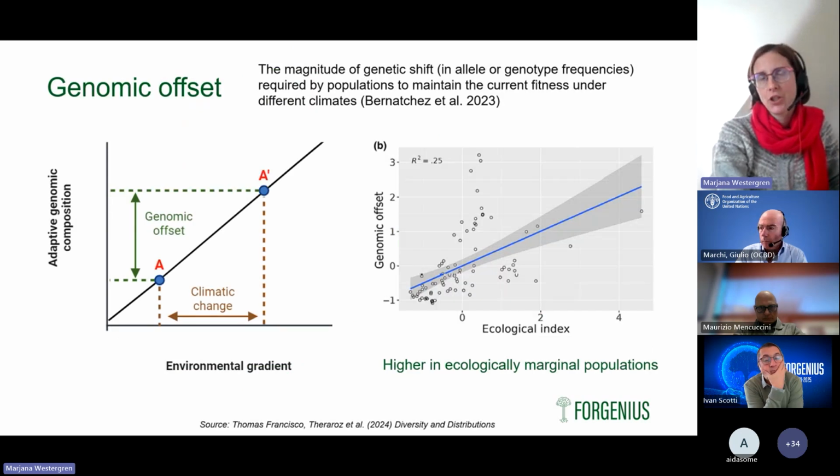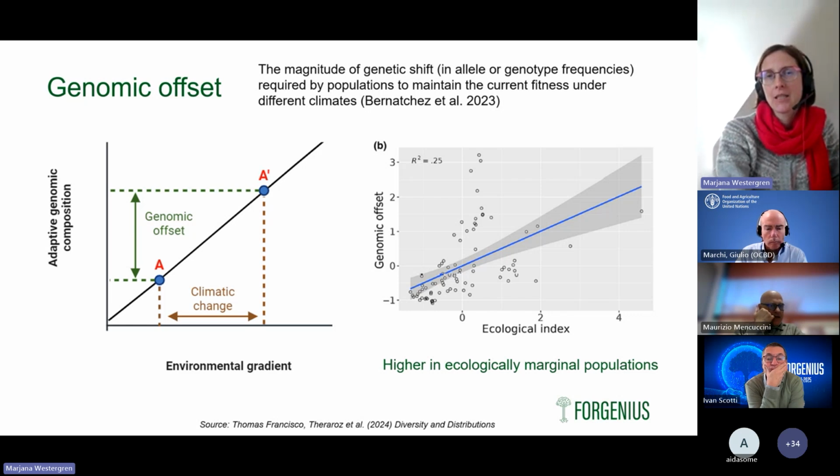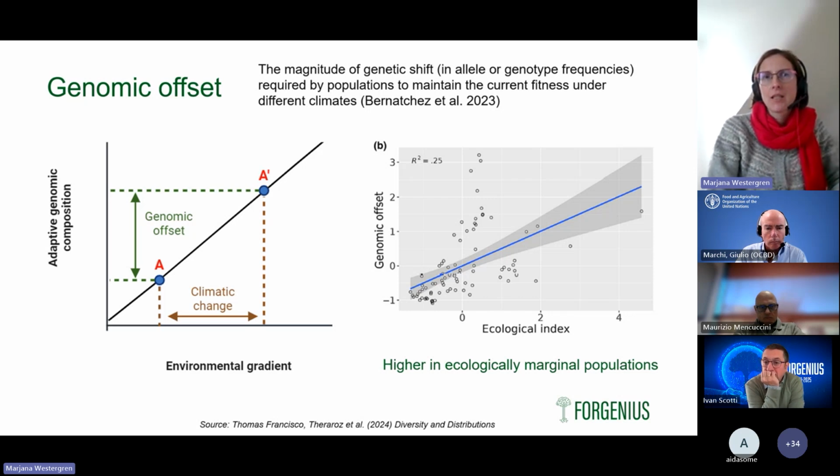To take one of the genetic indicators here, genomic offset. The genomic offset is the magnitude of genetic shift in allele or genotype frequencies that is required from the population to maintain the current fitness under changed environment. Do you see my pointer?